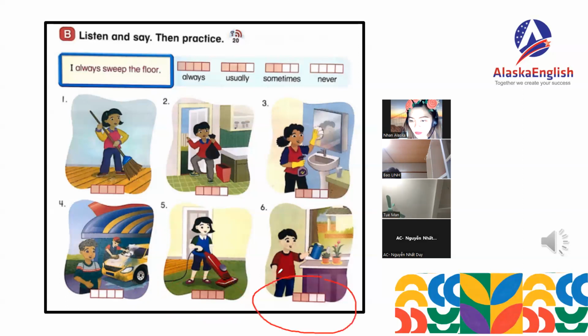Okay. And how about number six, Baoling? I usually water the plant. Is it usually? Take a look. I sometimes water the plant. Okay, all right. So with this one, we are going to continue this for tomorrow because time's up already.